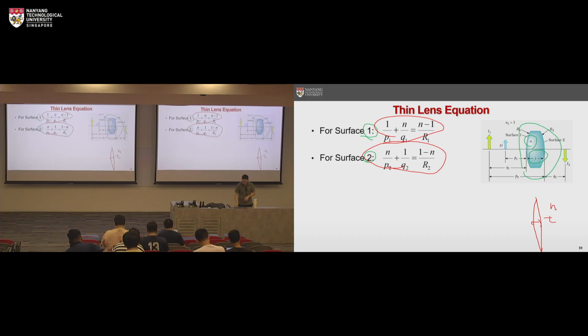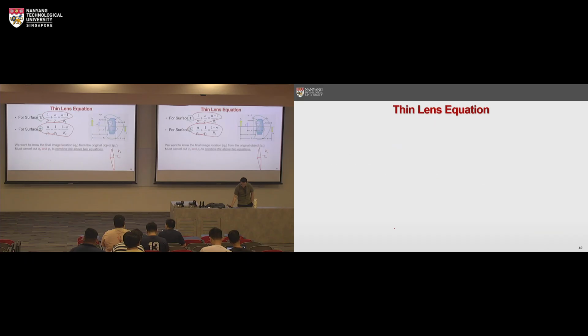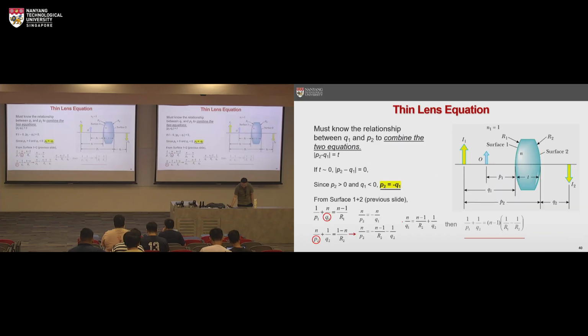And now we assume that your lens is so thin that the refractive index is not important. The thickness doesn't matter, so you almost have no thickness. So when all these assumptions are taken into consideration, T is 0, there's no thickness.